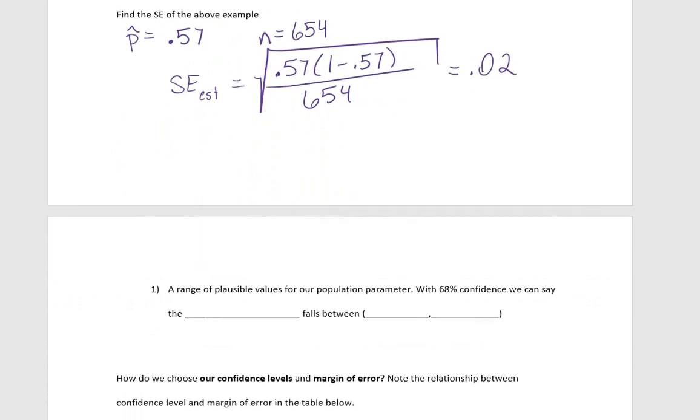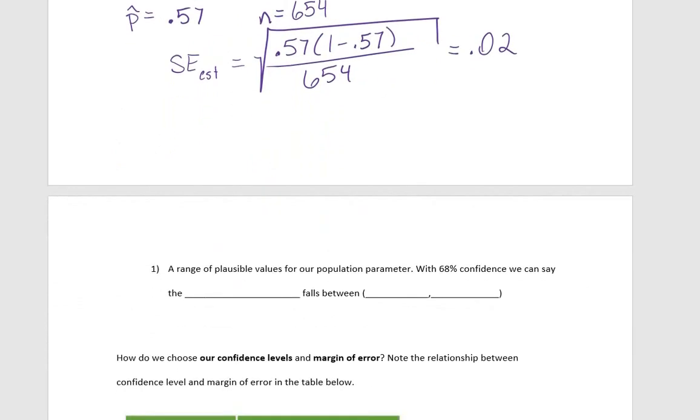A range of plausible values for a population parameter: if we want to look at it with 68% confidence, the population parameter, which remember is called p, is going to fall somewhere.